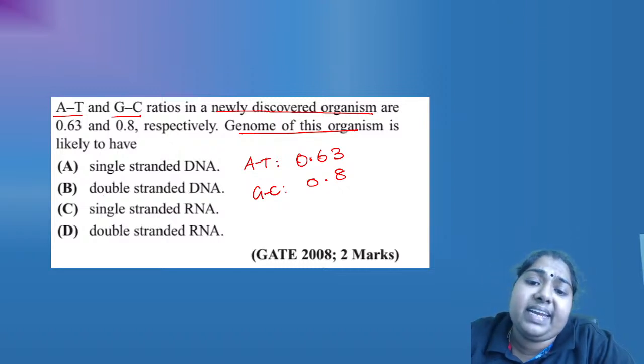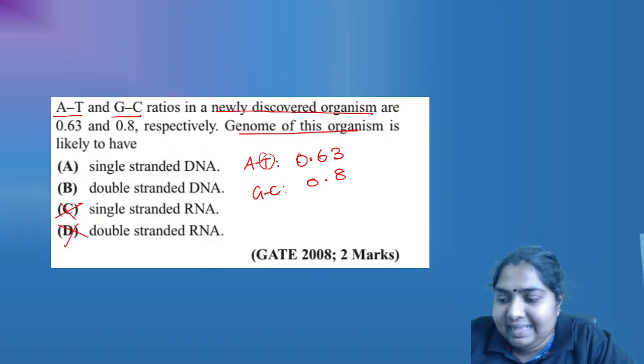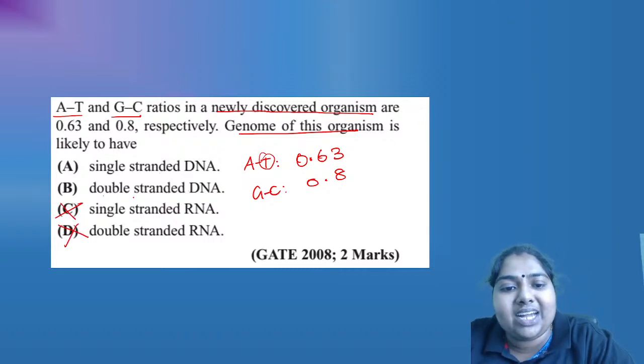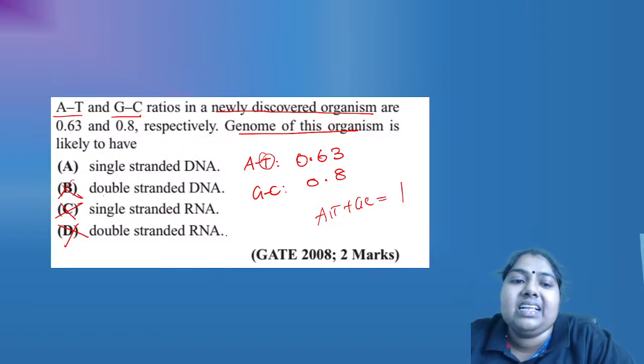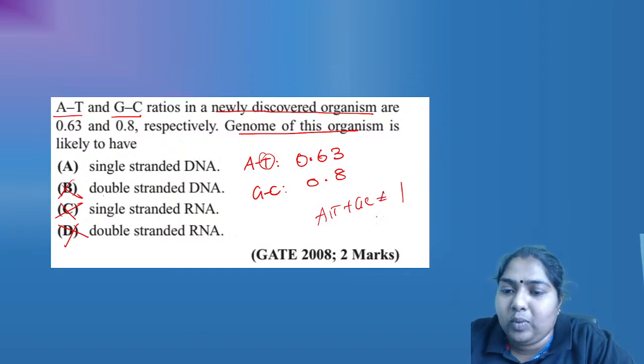Good, everybody. Definitely AT is there, so it is not an RNA, isn't it? So now you have a doubt whether it is going to be a single-stranded DNA or double-stranded DNA. If it is going to be double-stranded DNA, what is the rule? Your AT plus GC should be equal to 1, isn't it? So this is not equal to 1.